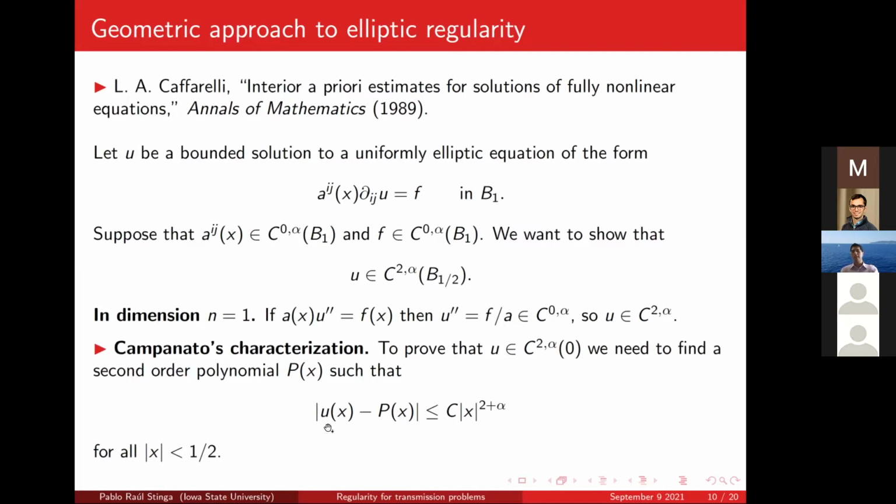So this is the same as saying that U is C2 alpha, right? Okay, and this is called Campanato's characterization in this form, okay? So to prove that my solution is C2 alpha, I need to be able to find a second order polynomial, a quadratic polynomial, in such a way that I get this inequality, okay?